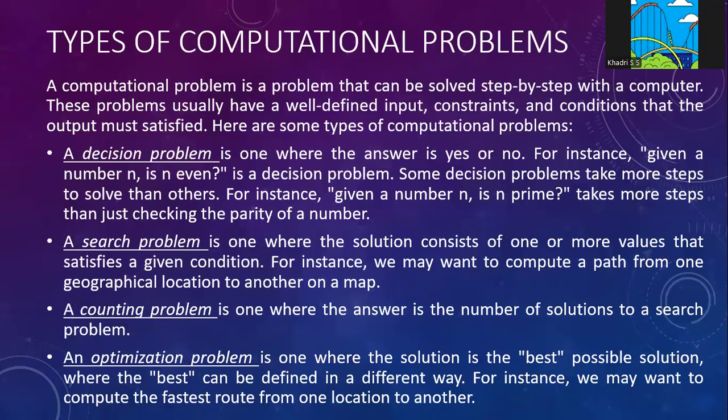Supposing that we want to reach from a source to a destination, we may pass through different nodes, and we need to find out which is the easiest way to reach the destination as early as possible. That is called the best solution, and that is called an optimization problem. These are the problems that we come across as computational problems.